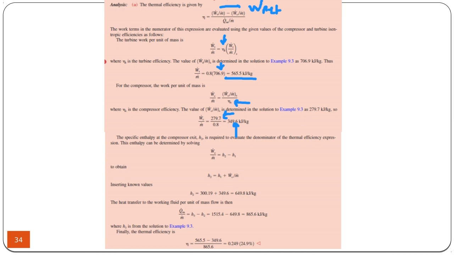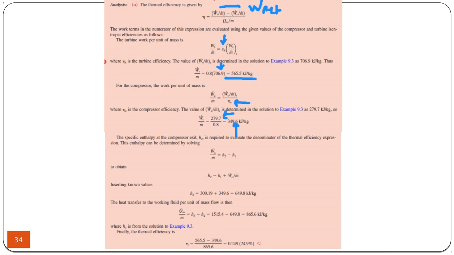So as you can see, the turbine produces less power because of the irreversibilities, and the compressor requires more power because of the irreversibilities. So with the inclusion of the irreversibilities, we can now calculate the system performance.